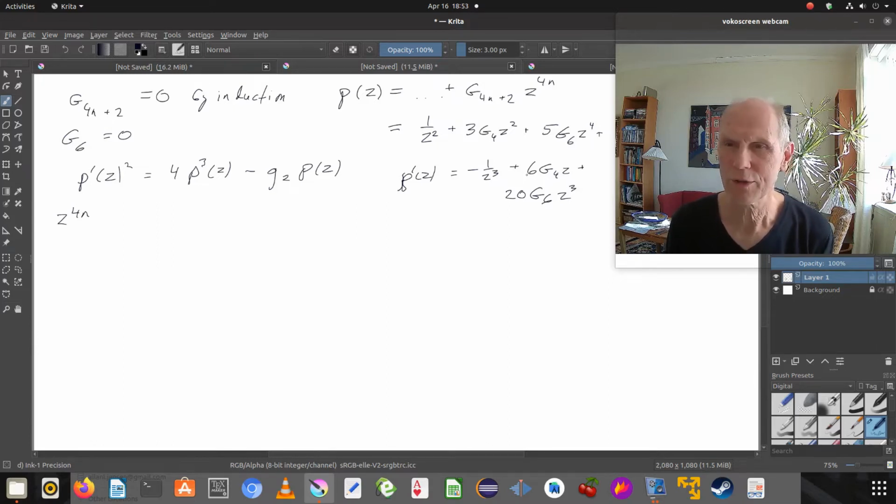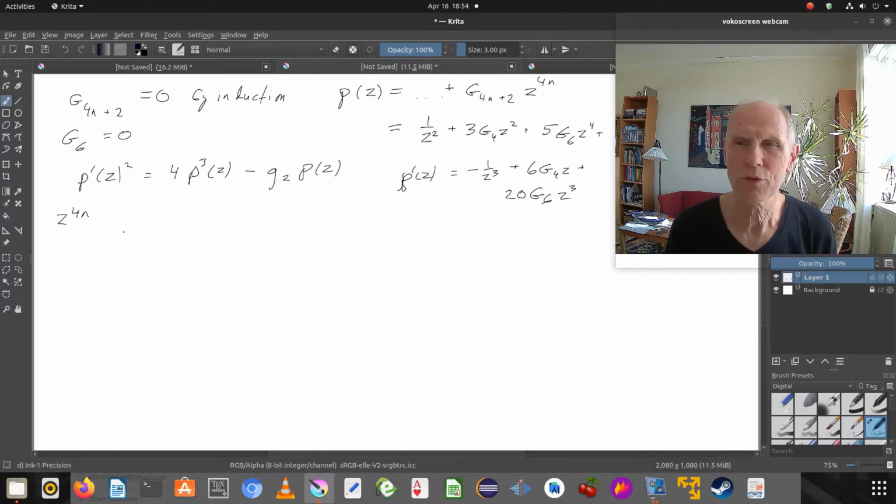Yeah, we need to check a g here, where does it occur first? So g6 occurs first in the double product. So it comes as a constant. And the next g10 will come with z to the 7th, so that'll give z to the 4th.